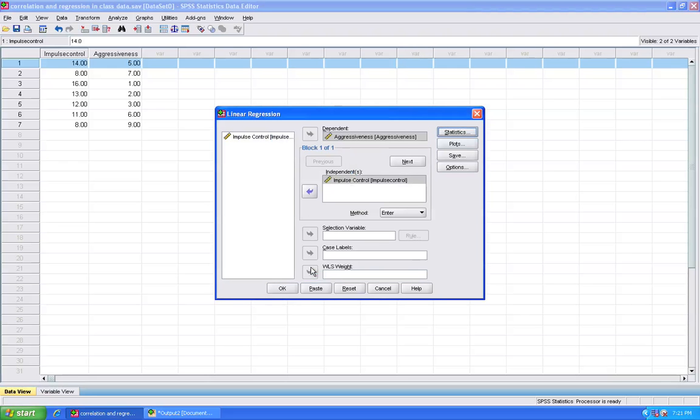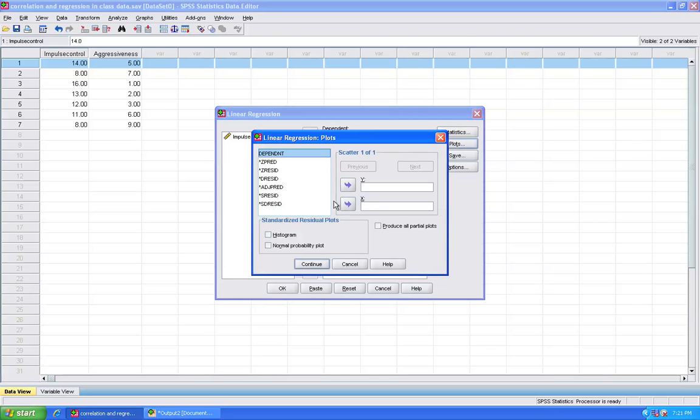In order to evaluate the fit of the regression model, there are a couple of plots that you should investigate. These include a plot of the residuals versus the predicted values, in which case we're going to look at the standardized residuals as the Y data and the standardized predicted values as the X data.